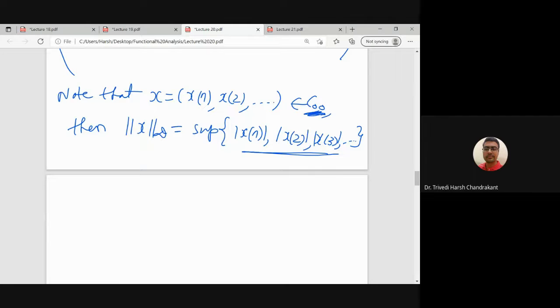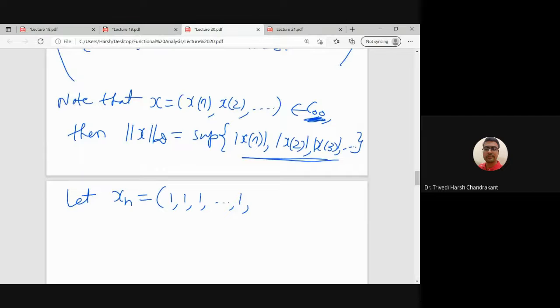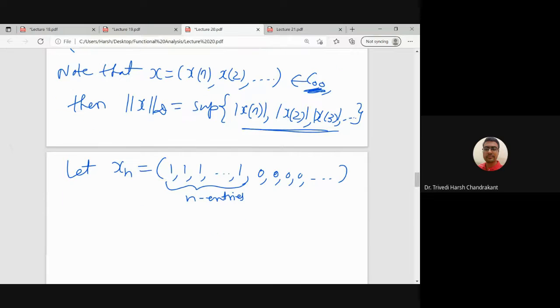I'm giving one example; later on you can find similar examples. It is not difficult, but it needs some thought. Let x_n be the sequence 1, 1, 1, 1 and then 0, 0, 0, where the first n entries are 1 and the other entries are 0.